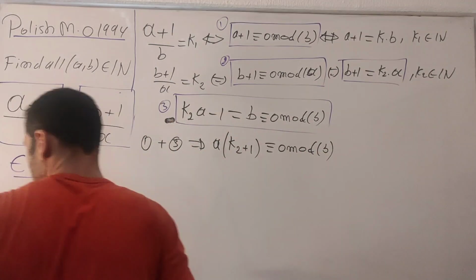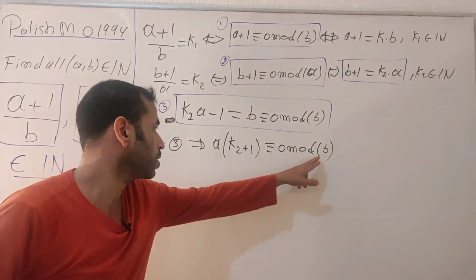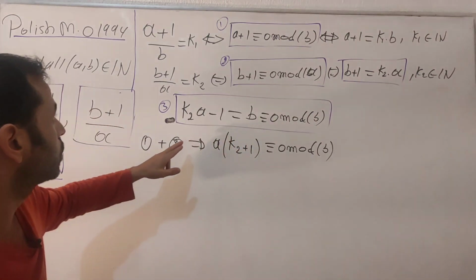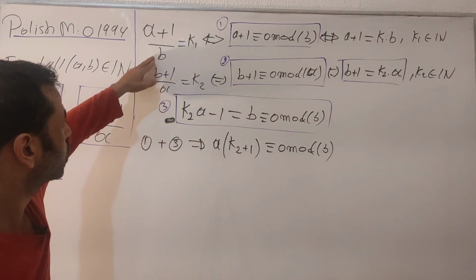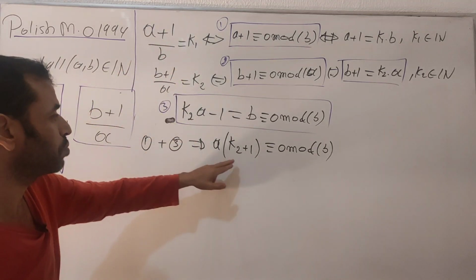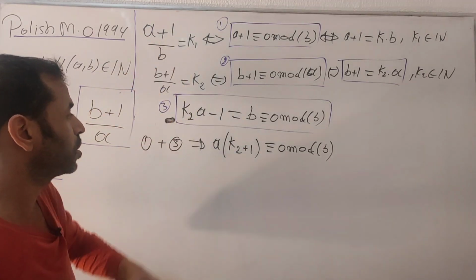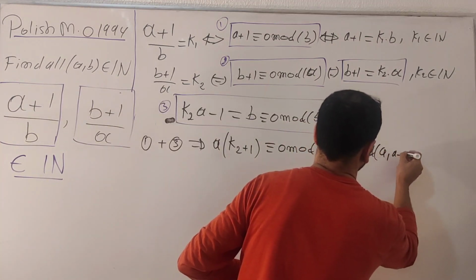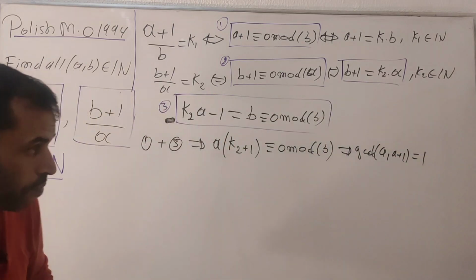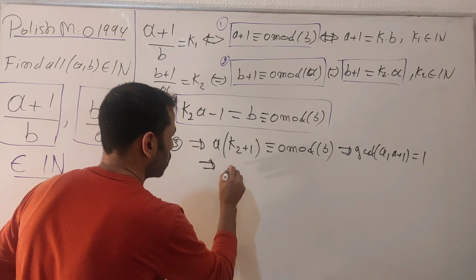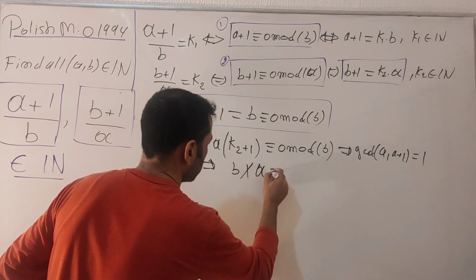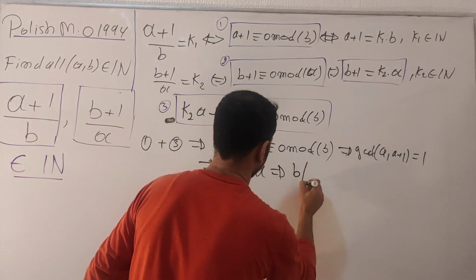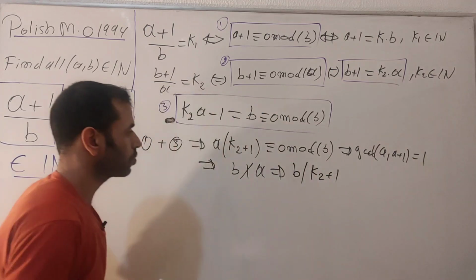It's very simple. So what is this telling us? It's telling us B can divide A, or B can divide K2 plus 1. But remember, B divides A plus 1, which means B cannot divide A, because A plus 1 and A are coprime. Since the GCD of A and A plus 1 equals 1, B does not divide A, which means B must divide K2 plus 1.